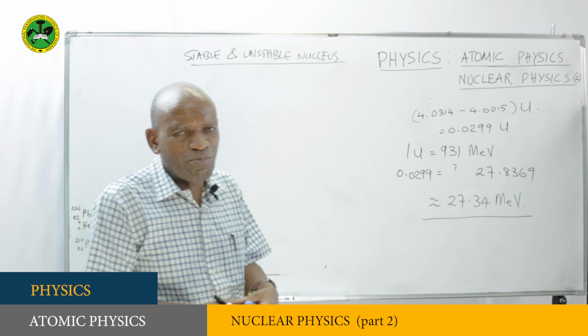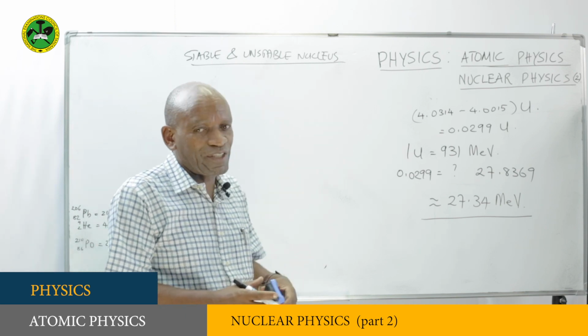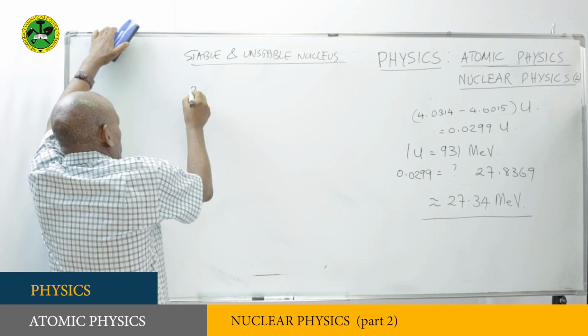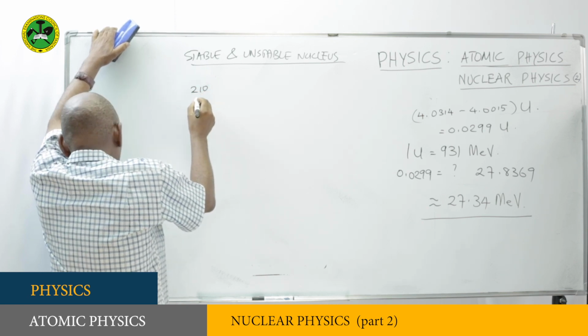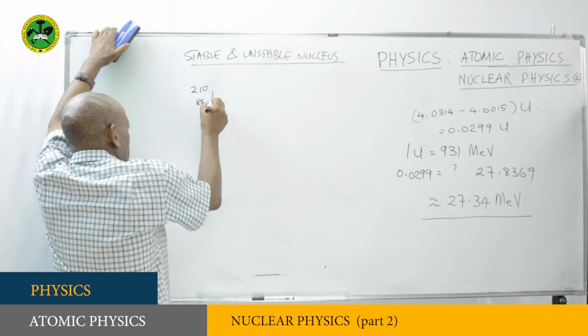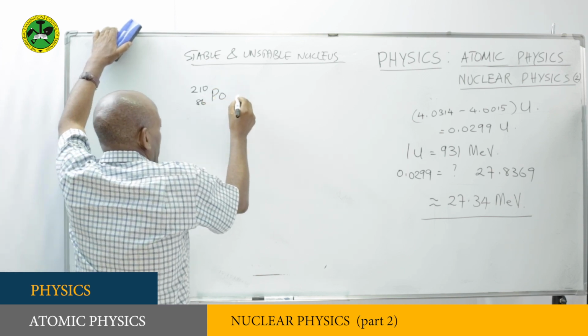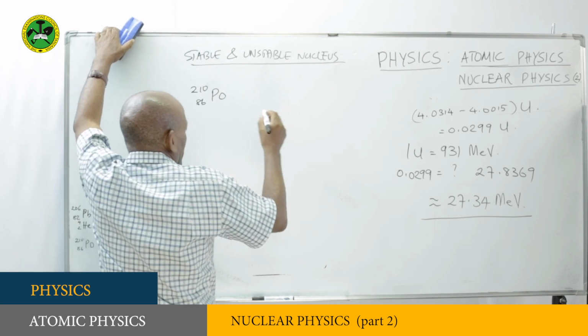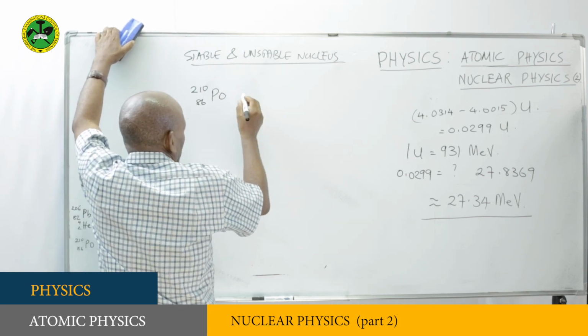Then let us look at an example of a calculation. For example, let us take polonium. Polonium-210, with atomic number 84, disintegrates by producing an alpha particle, that is a helium nucleus.